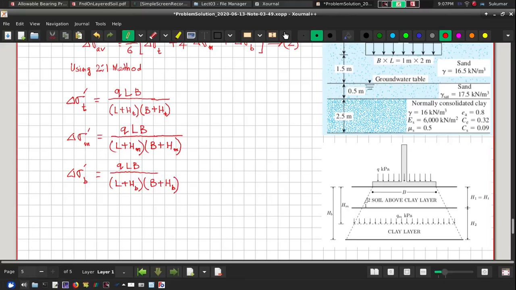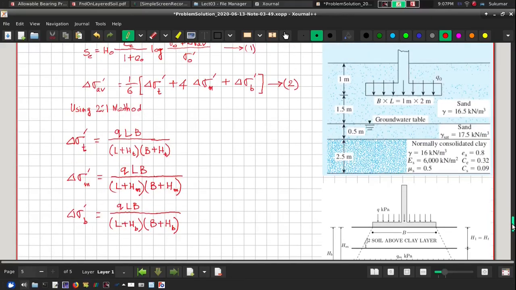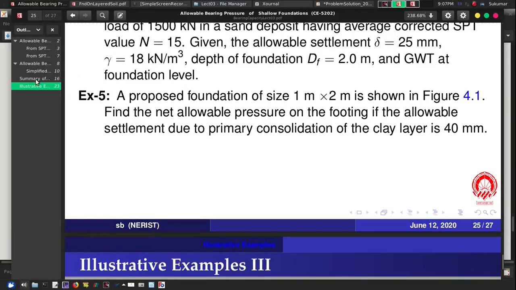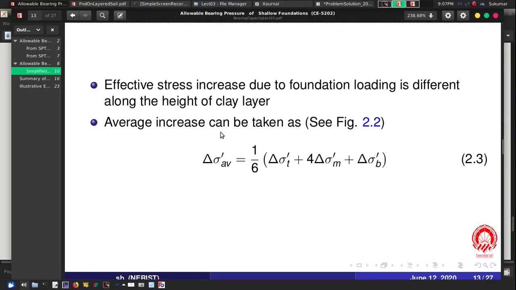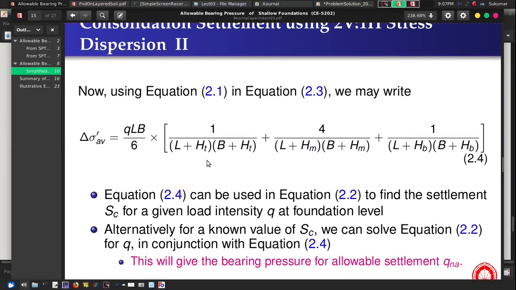And then using these values in this equation 2 above, we can find out this sigma average in terms of Q by putting these values here. We can get the equation, and that equation you have already seen, which is this equation.